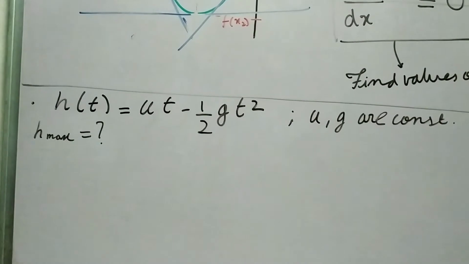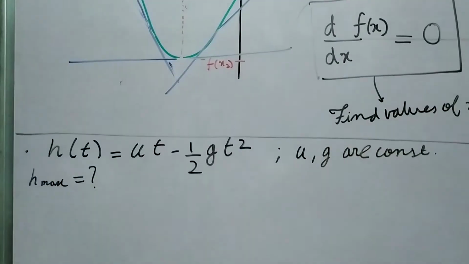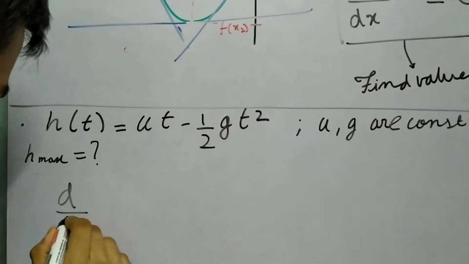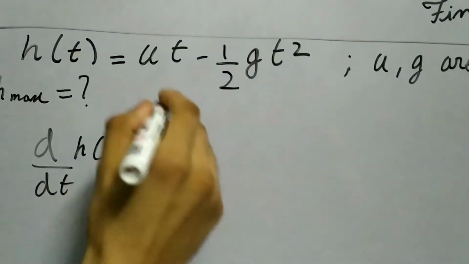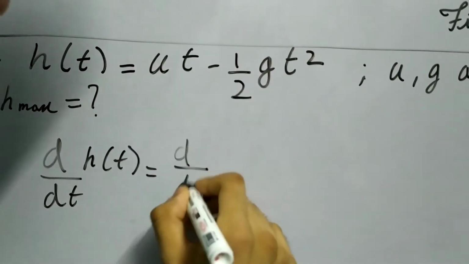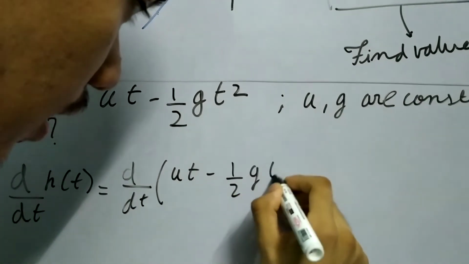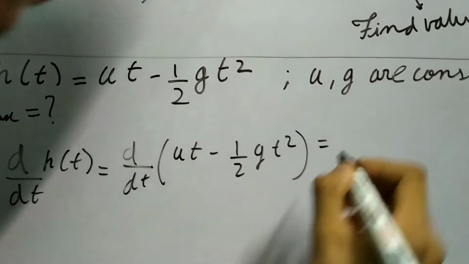So let's do a standard procedure: differentiate h of t with respect to time. So d by dt of h of t, and we differentiate this entire expression, d by dt of ut minus half g t square. We studied the properties of derivatives.